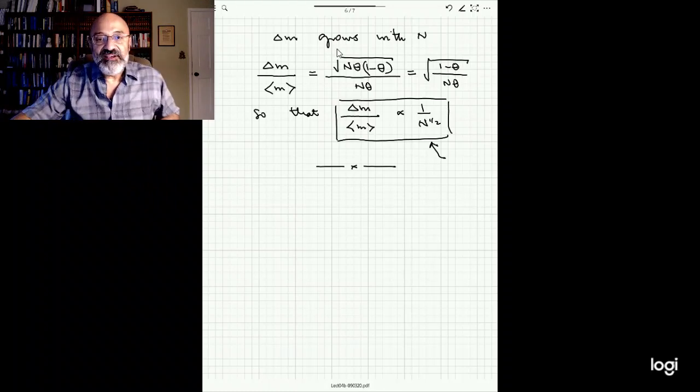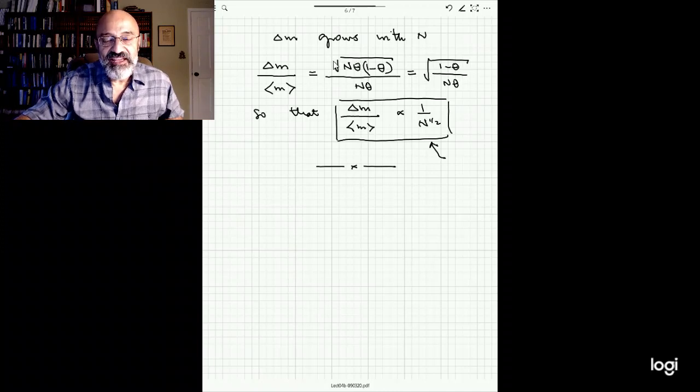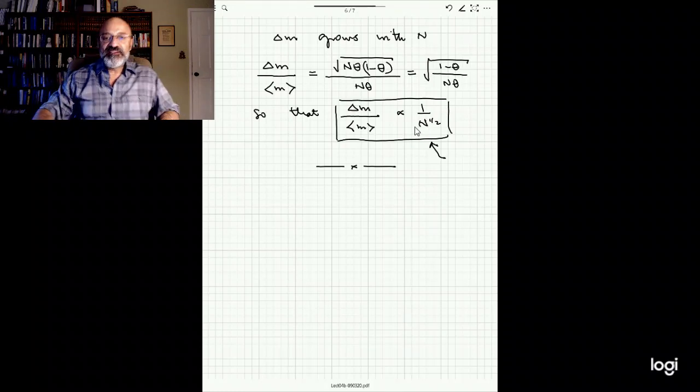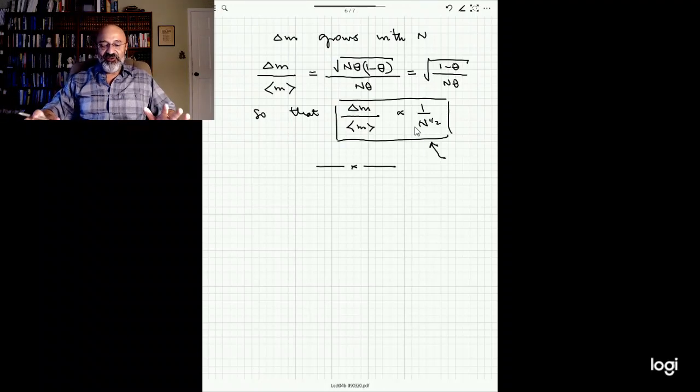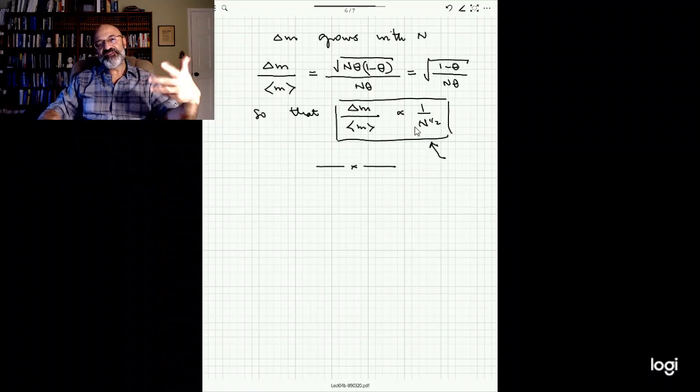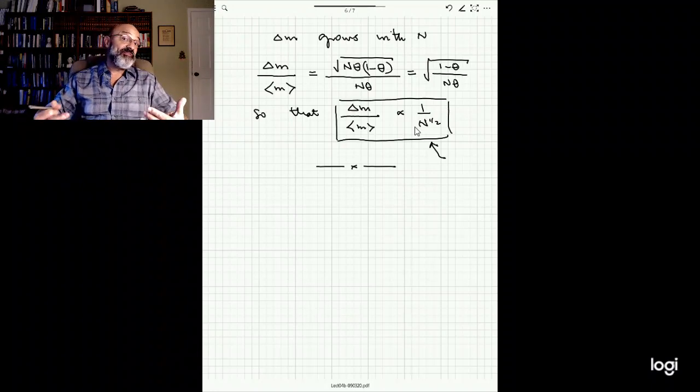The numerator is increasing with n, so the actual error in your estimate is increasing. But relatively speaking, the ratio goes to zero as n goes to infinity. So this is already an indication that although you do not really know what is happening when you're tossing your coins, in the limit of large numbers, you can make assertions with a fair amount of certainty.